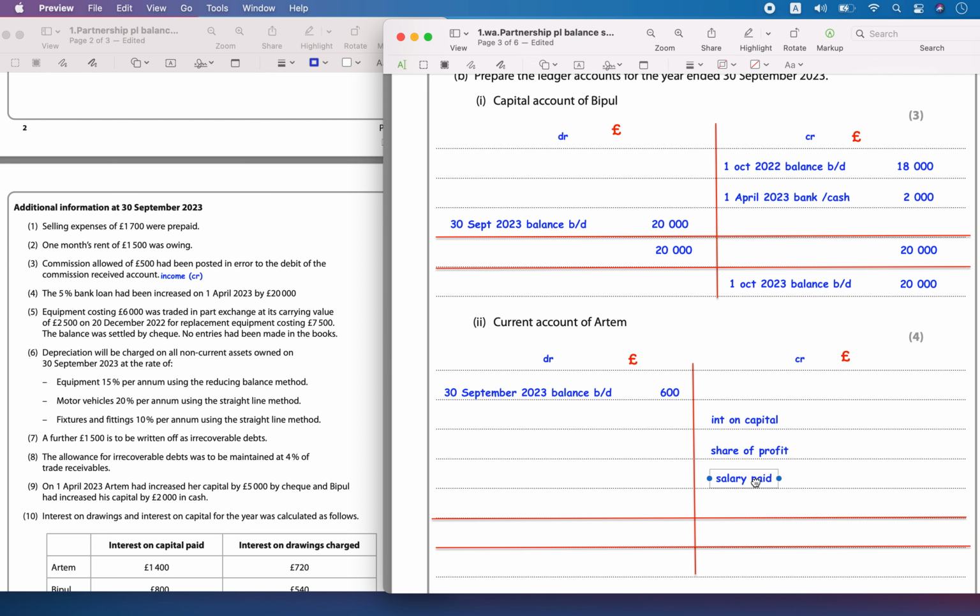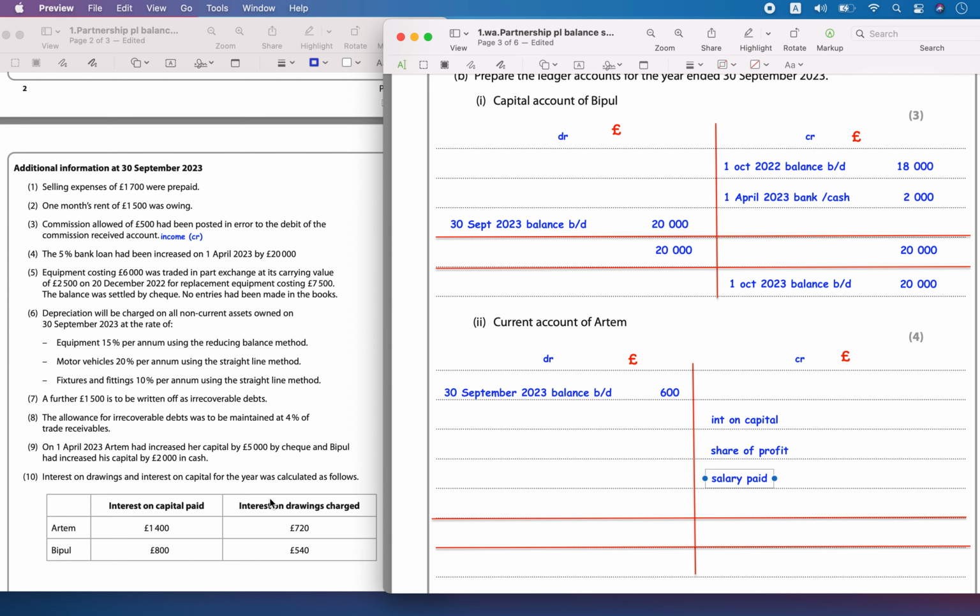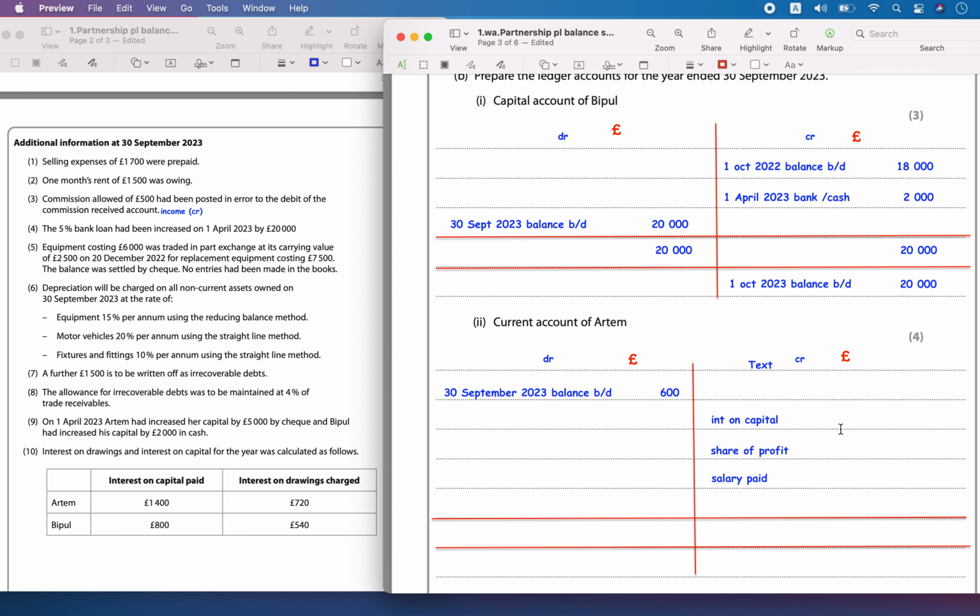The interest on capital that he got was 1,400.